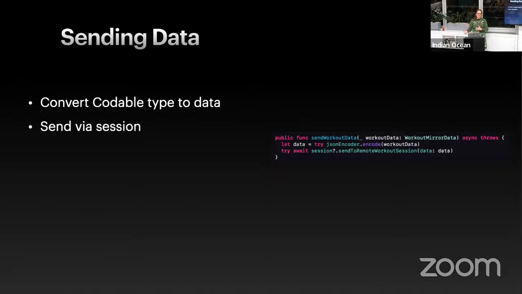That is a codable type, then encode it into a data object and send that data object to the remote session. It's the same call on either device because remote refers to its counterpart.